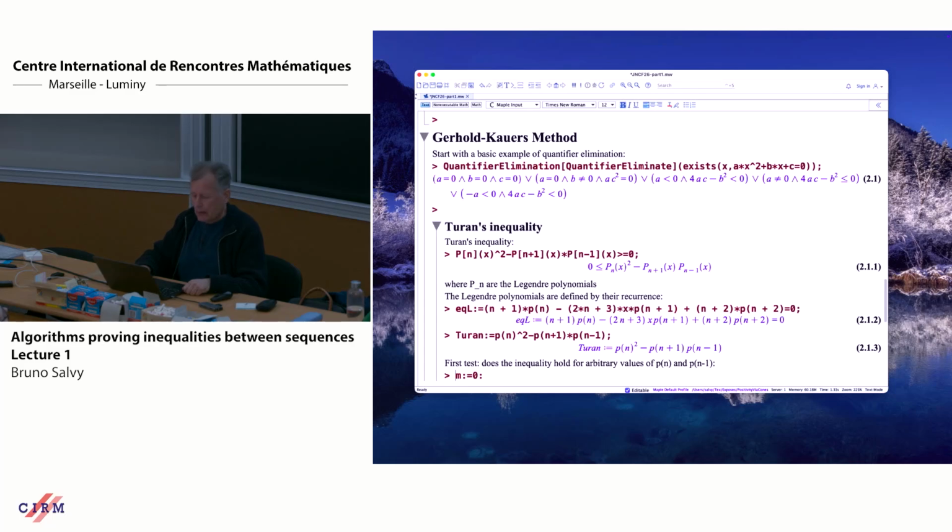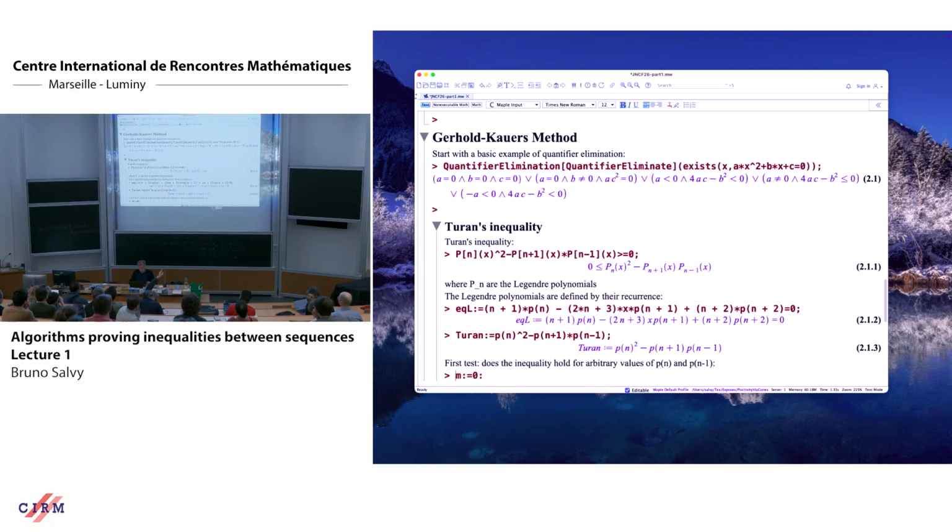So let's start with Turan's inequality, and this is the recurrence that the Legendre polynomials satisfy, and I will rewrite Turan like this. So first, a natural question is, if I have arbitrary Pn minus 1 and Pn, I don't know what they are, they are not even related to Legendre polynomials, is it the case that this holds? Yes. Maple's quantifier elimination is not the best one.